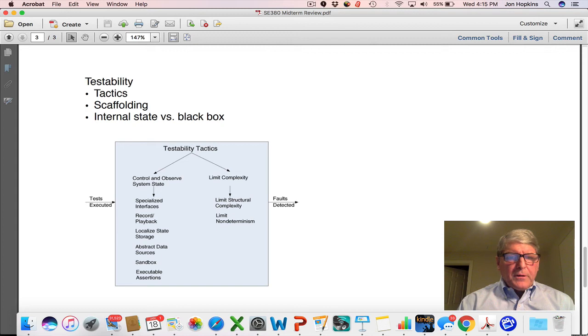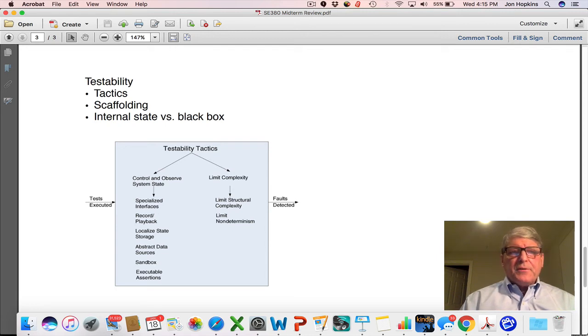In part of our tactics for testing things, you'll want to know about black box versus white box, and being able to understand internal state, that sometimes we need to be able to test the internal state in order to make sure that things changed appropriately, for example relationships or other types of what we call side effects.